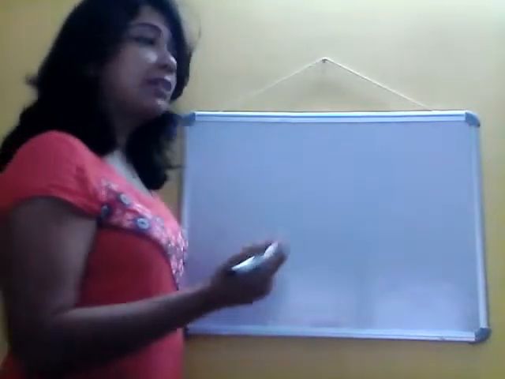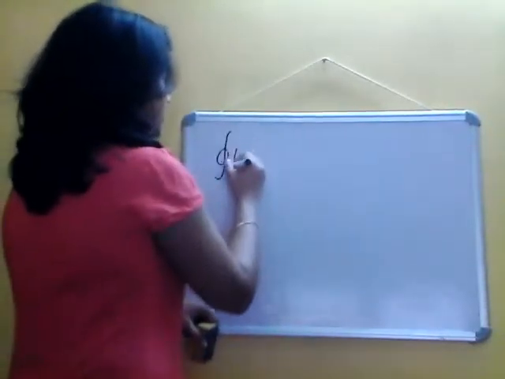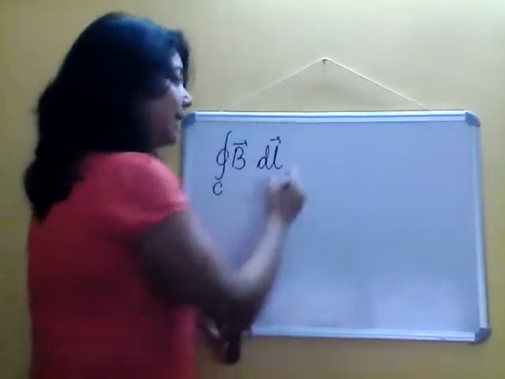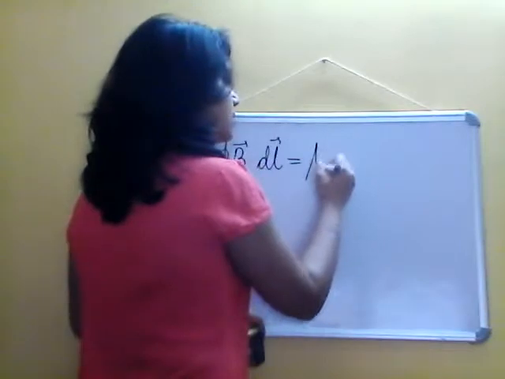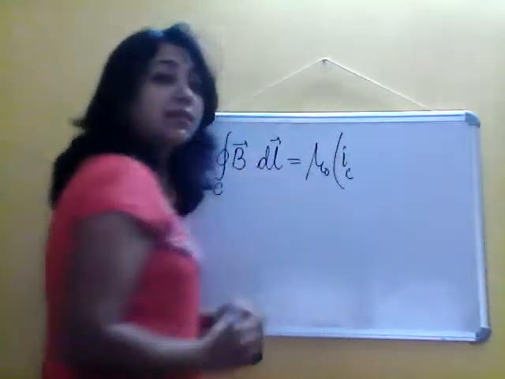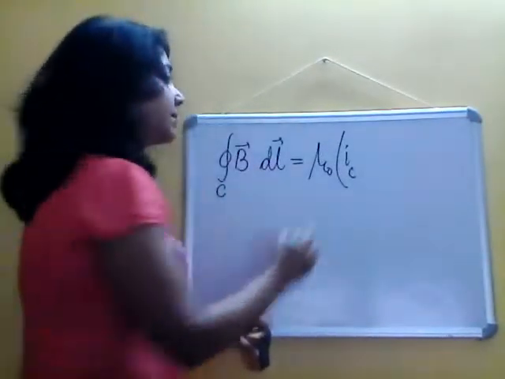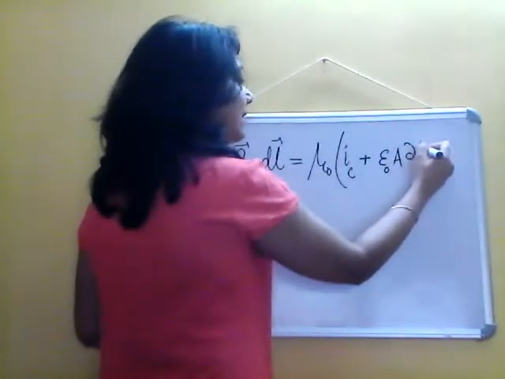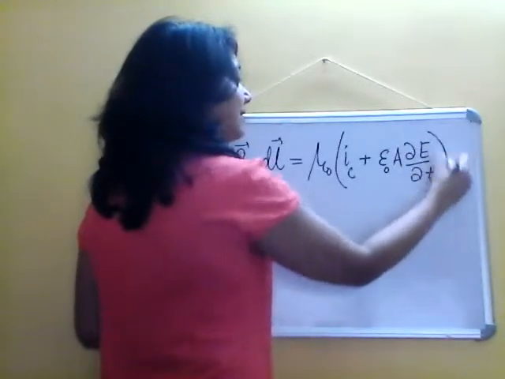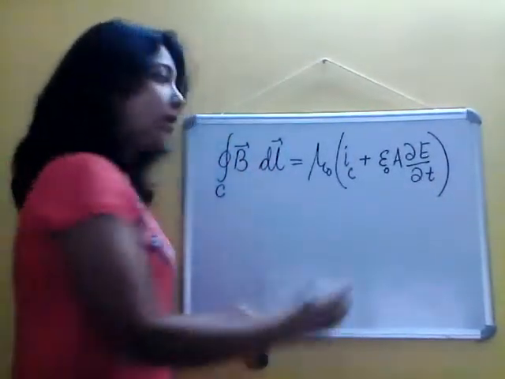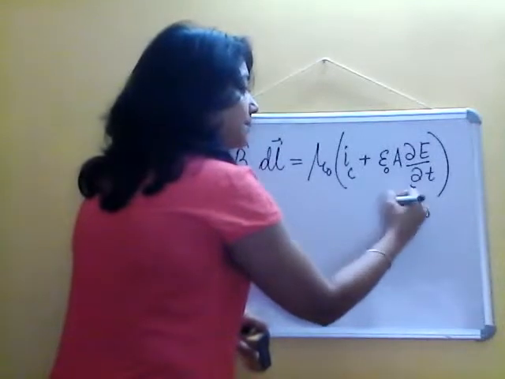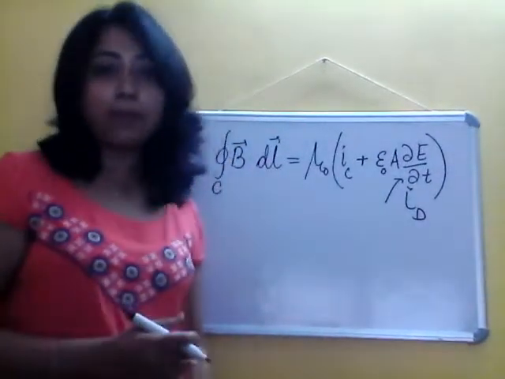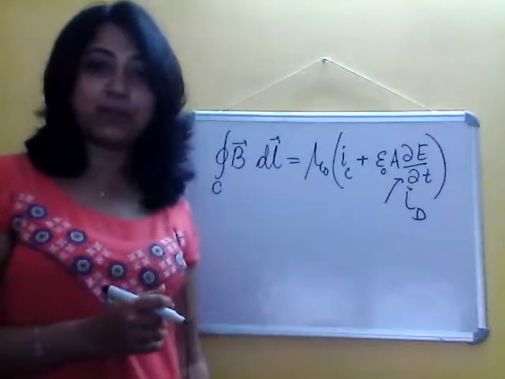As per Maxwell, B dot dl across the closed contour C is now mu 0 IC, the so-called conduction current, plus epsilon 0 A del E del T. This one we had earlier called ID. Right? So this is how the modification in Ampere's law was done by Maxwell.